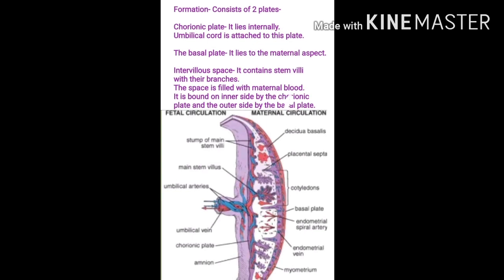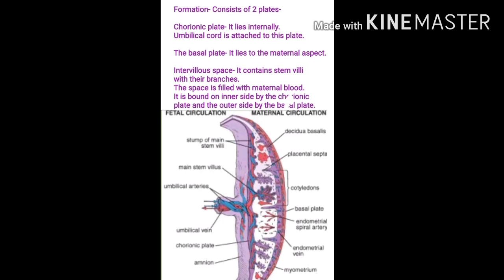So then we have some differences between this chorionic plate and basal plate. The chorionic plate is from outside to inside, and the basal plate is also from outside to inside.